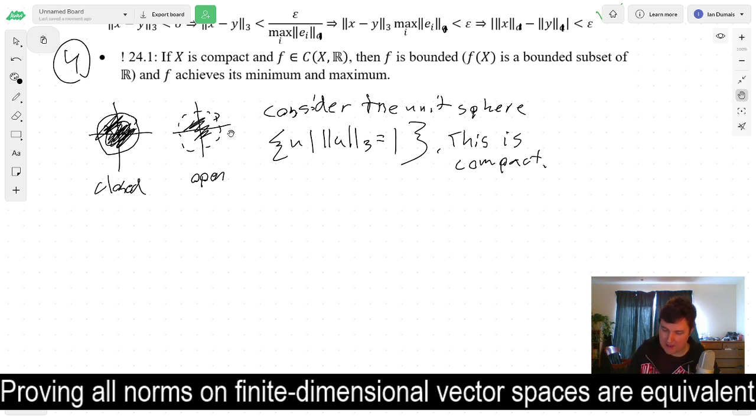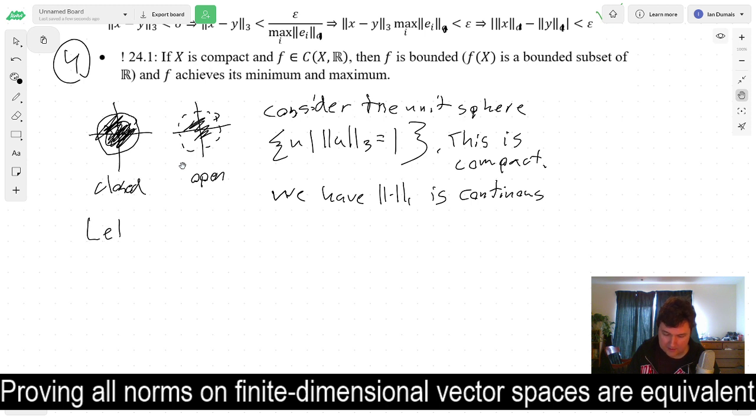And we have that norm 1 is continuous. So we have the things that we need for this function. That means norm 1 achieves its minimum and maximum somewhere in this set, this sphere.